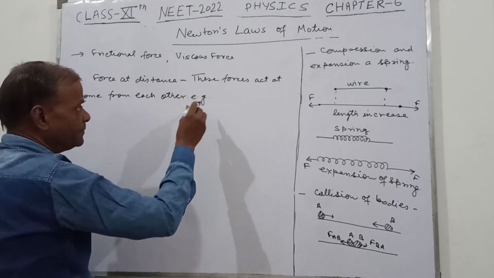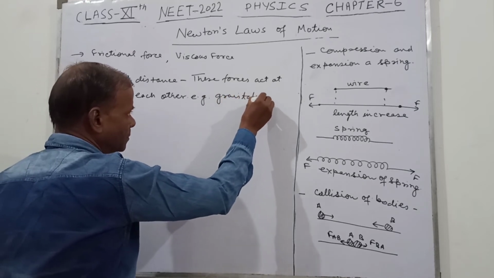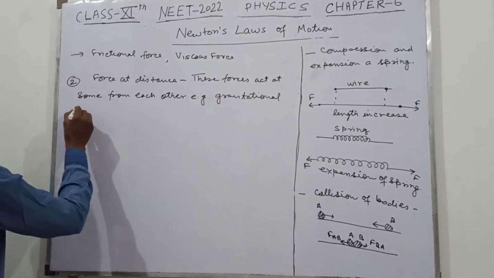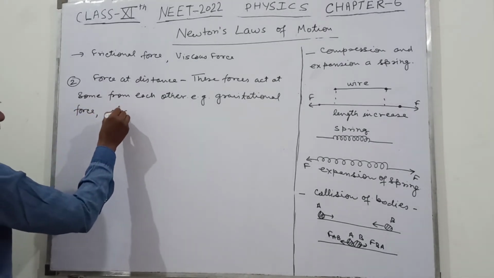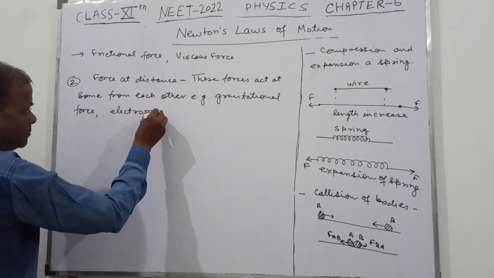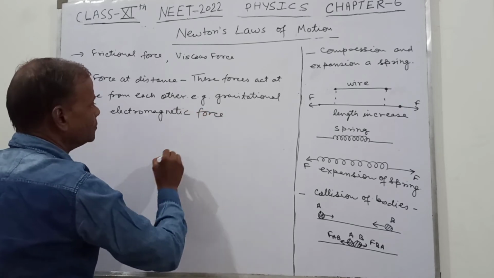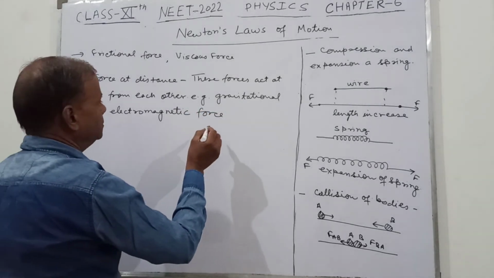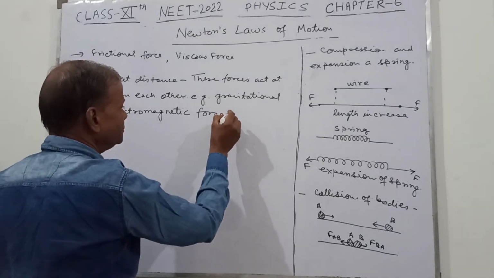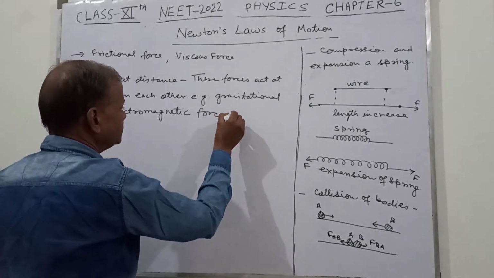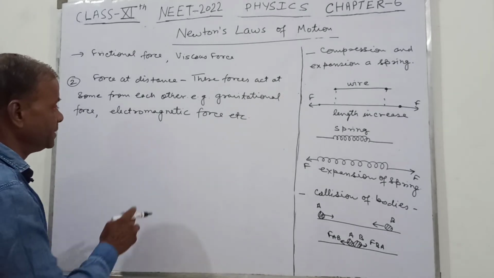We can have so many examples: the gravitational force, the electromagnetic force, etc. So these forces act always at a certain distance.